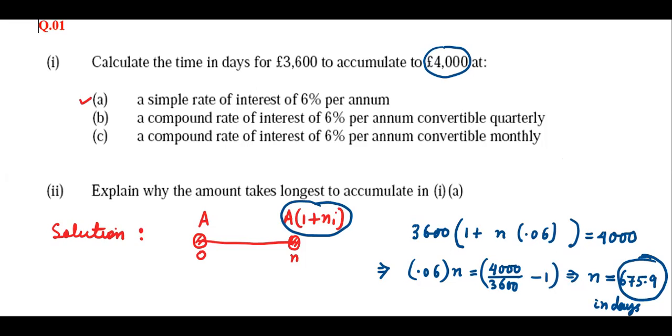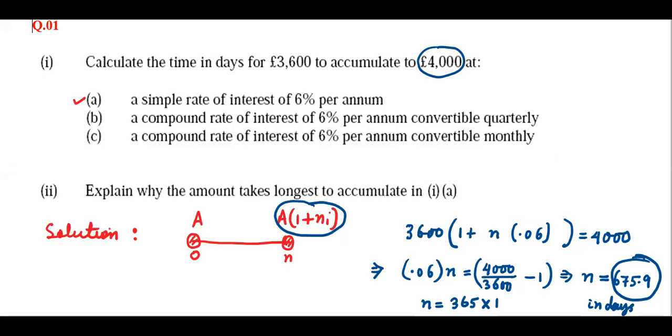So you will get answer actually 365 multiplied by 1.8518.